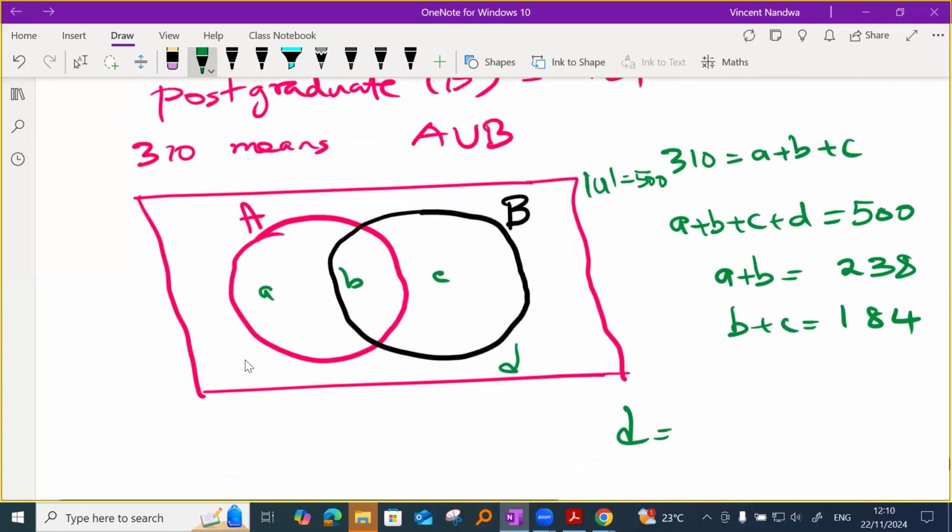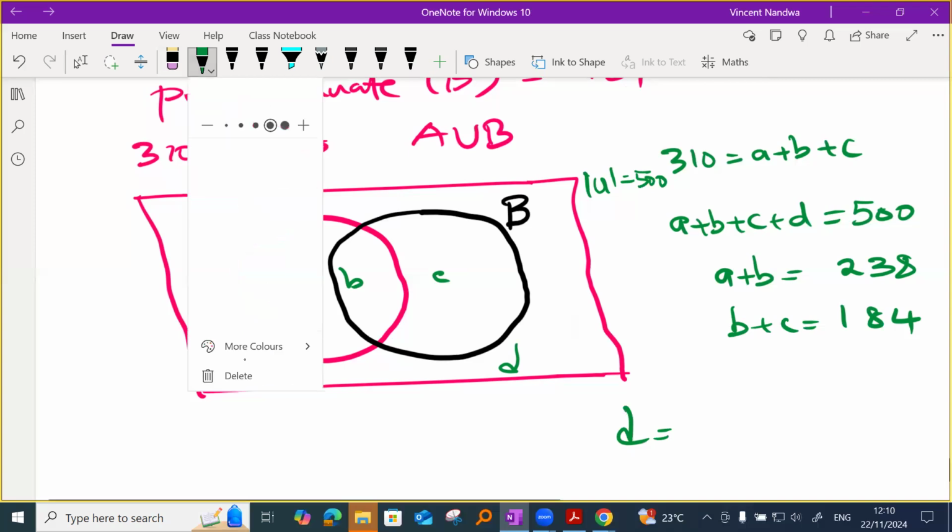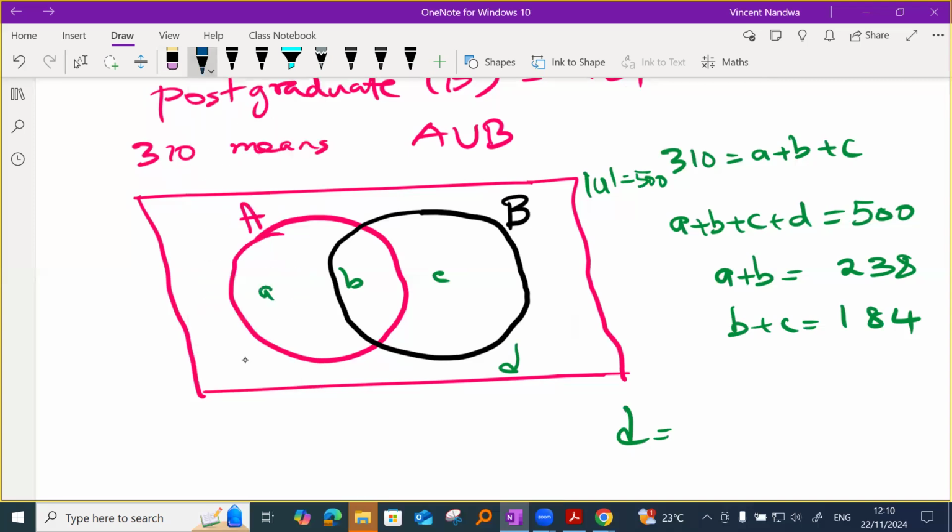Check this equation here: 310 is the sum of values within the circles.